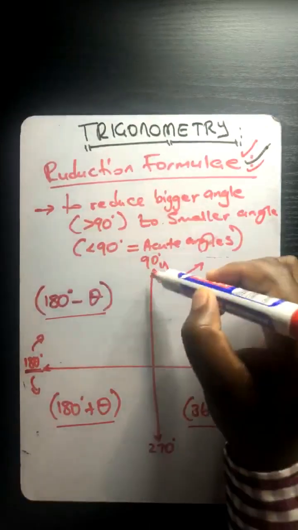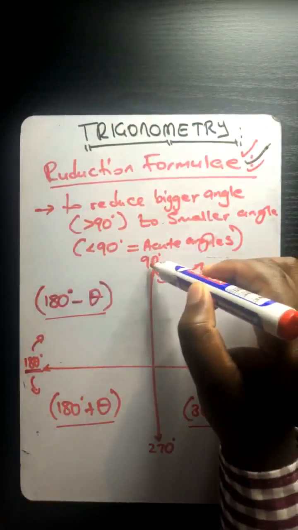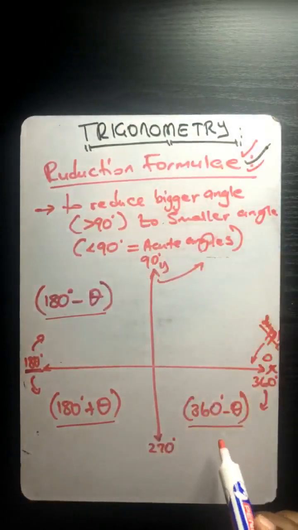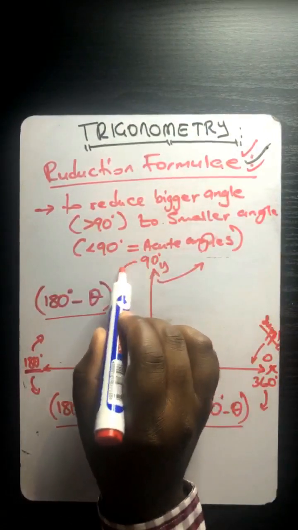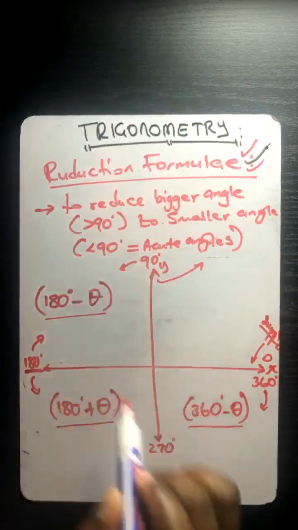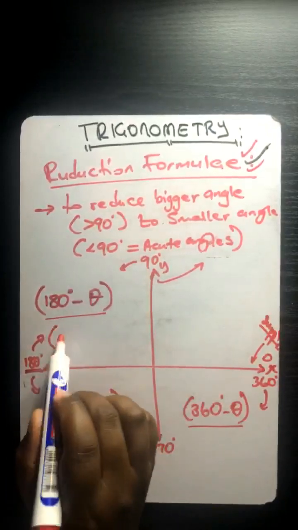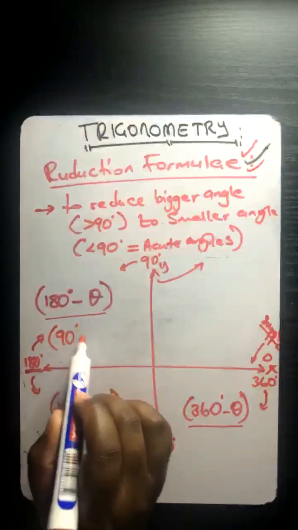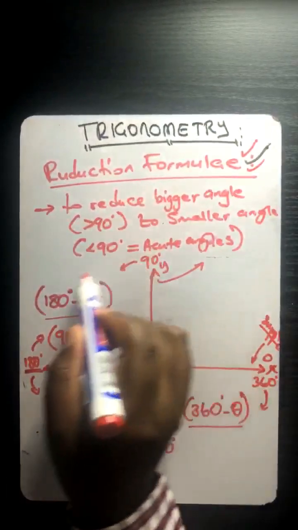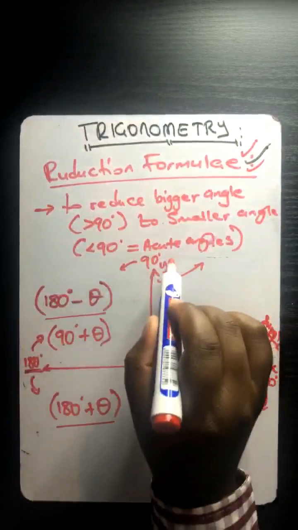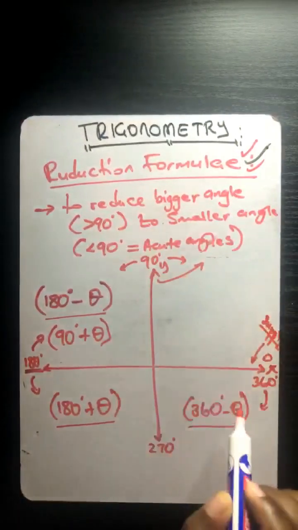We also have reduction formulae using that vertical line. That is why your teacher might say 90 plus takes you to the second quadrant. So in the second quadrant, if you say 90 degrees plus whatever angle, it takes you into the second quadrant. But if you say minus, it's a reverse.